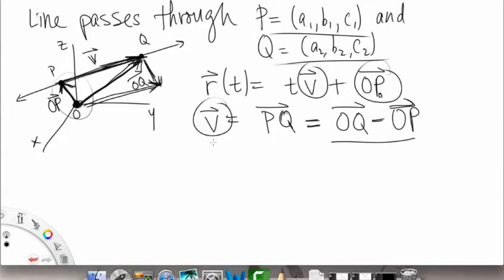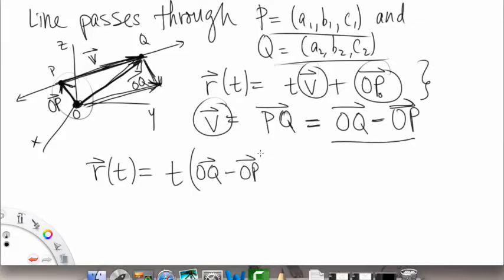Basically, the way we can rewrite our original vector parameterization, now using the points P and Q that we are given, is T times (OQ minus OP), and then we have our plus OP there, or you can even write an OQ there, either one.